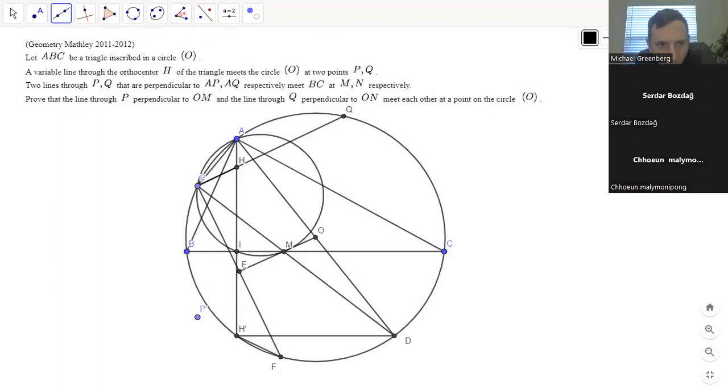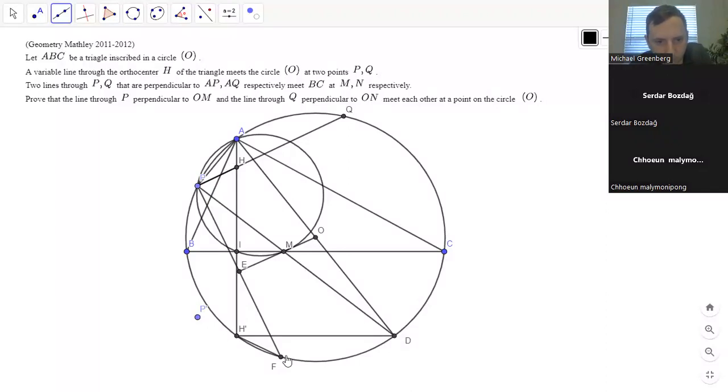Okay, I solved it. If we prove the similarity, that PH prime H is similar to ODM, then we are done by angle chasing, because OMD equals PME, which equals ADF, and equals AH prime P prime. So we will get PHH prime equals P prime H prime H. So H prime F will be the reflection of HP across BC.